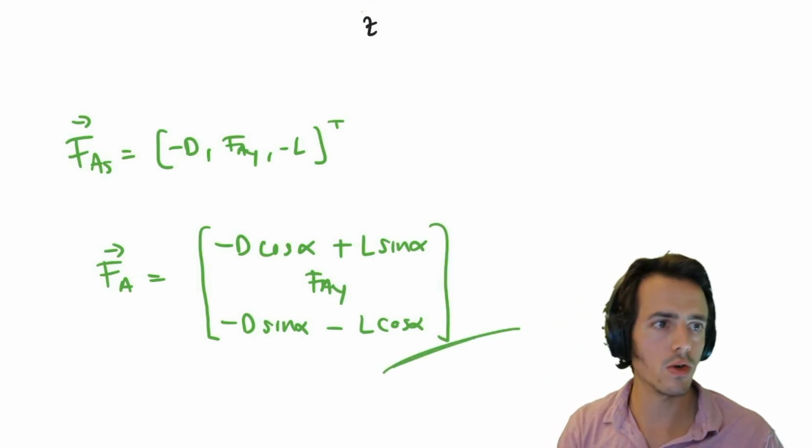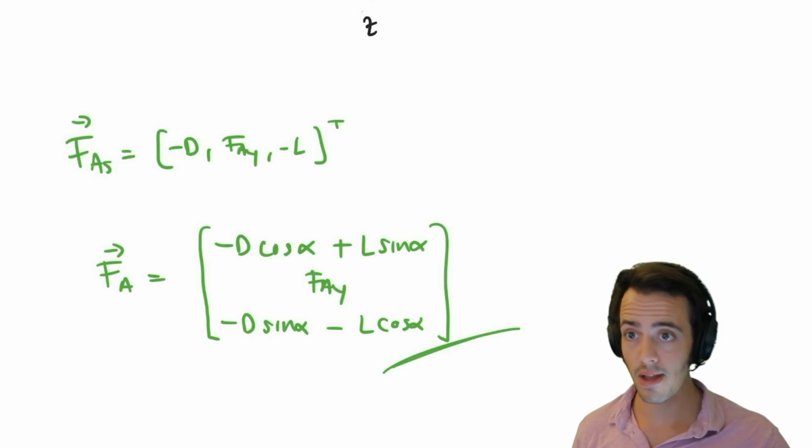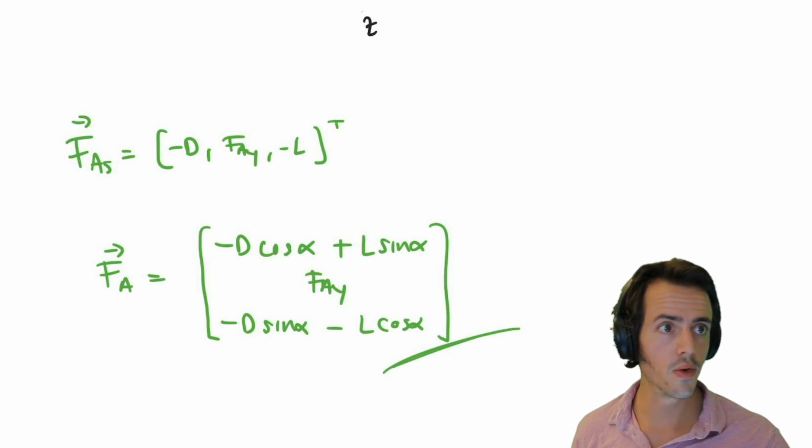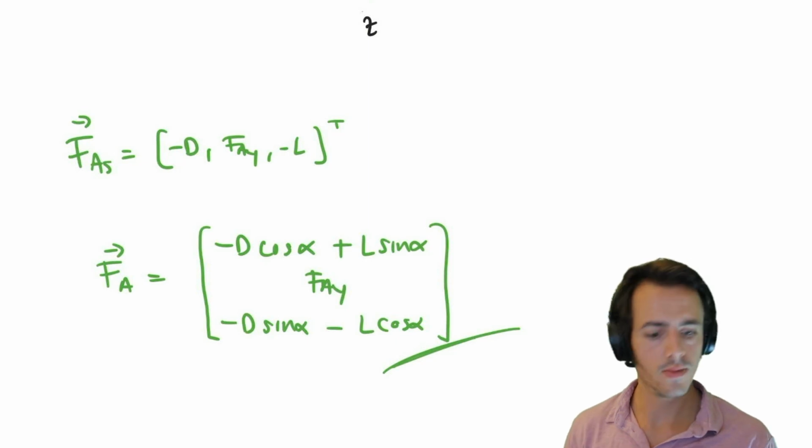Okay, so we've now got all of our components in the correct axes set. So we can add them all together and put them into the left-hand side of our equation. These give us our forces. So let's write these down.